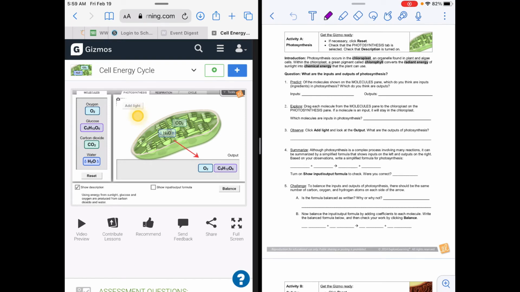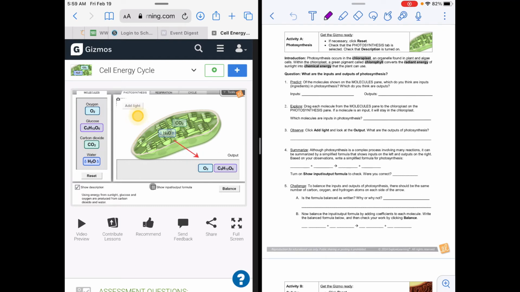So this is going to be the same formula we were talking about in class yesterday and the day before. Your inputs are going to go here. So if you look back up at this question, or if you look over here at the gizmo, your inputs are going to be the things that you started with, your ingredients, and then your outputs over here are going to be the things that were created. So that's going to be the 2 that were just in the last question. And you're going to write those in there.